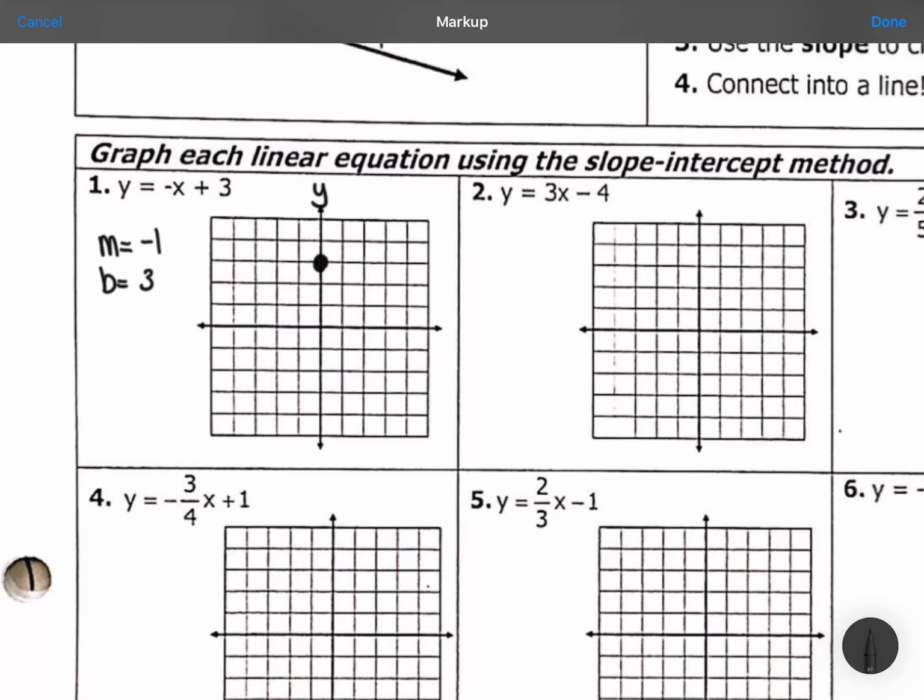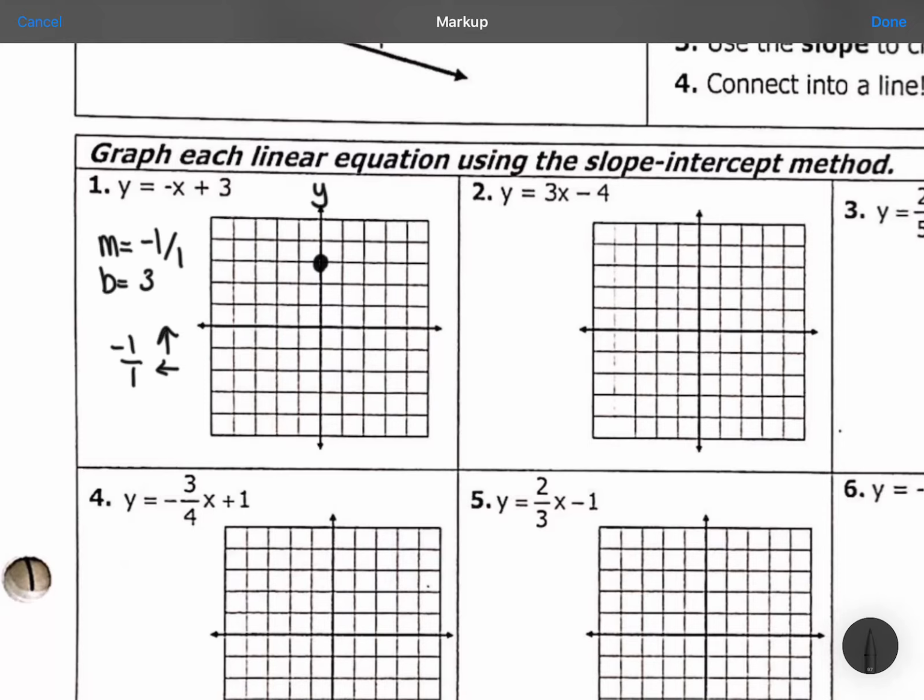And then from there, we're going to do the rise over run. Now, if you notice, my slope is a whole number. Every whole number has a 1 underneath of it. So this slope, negative 1, tells me I'm going to go up 1 and to the left 1 because it's negative. Okay, so if your slope is negative, you're going to go up and then to the left.